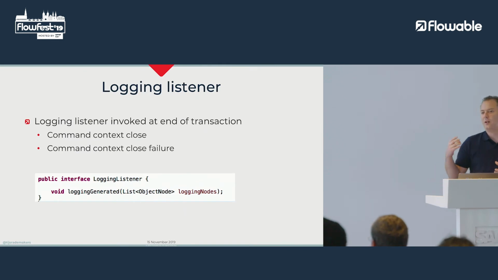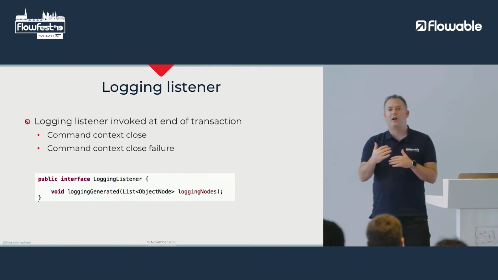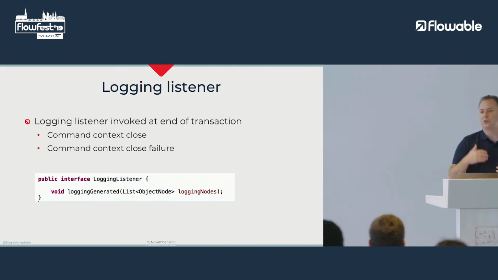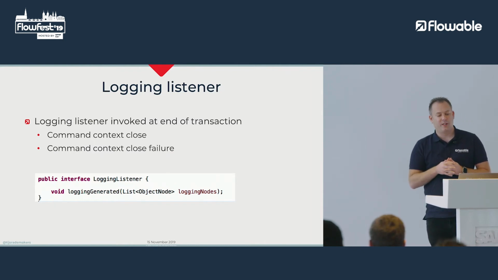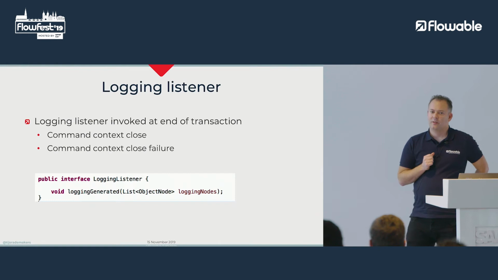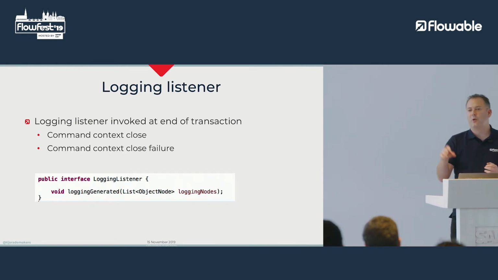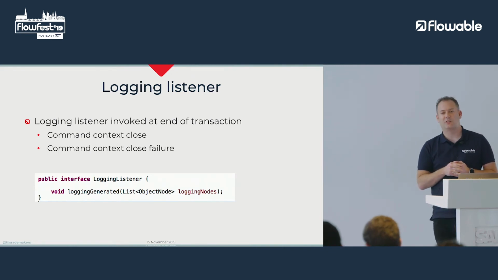And then when we have gathered all these logging events, and we are at the end of the transaction, so the command context close or the close failure method is invoked, then we have an interface called logging listener, and that's something you can implement yourself. That will be invoked at the end of that transaction.